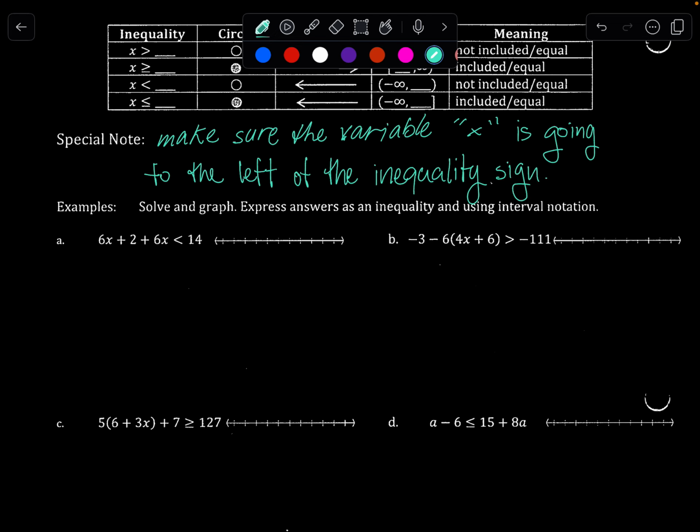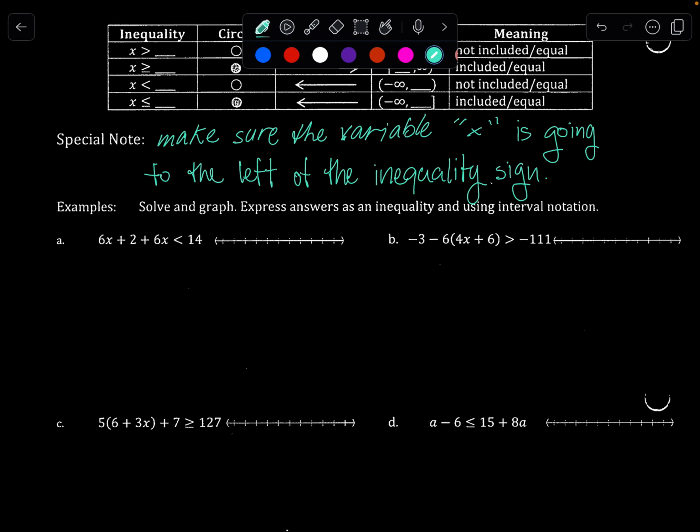Okay, so make sure the variable X or A or whatever variable it is going towards the left at the inequality sign. This is going to help you make sure that you're going to be shading towards the right direction because your sign is pointing towards it.